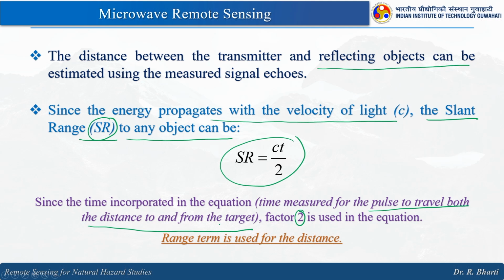Remember, the term range is used to denote this distance. So, SR is equal to CT by 2, where T by 2 is basically the time it takes to travel to and fro, from the sensor to the target and then back to the sensor.